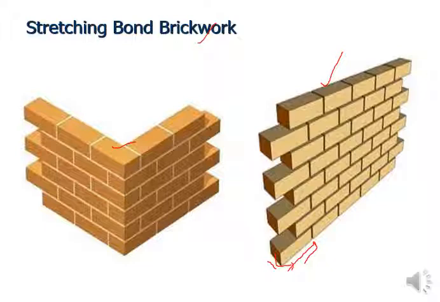That dimension of the brick, 9 inch, should be placed in such a way that it is on the front side of the wall, and in the lateral direction the header should come. Okay, so the stretching bond can be laid for the thickness of the wall 4.5. The minimum is 4.5. Then 9 inch also can be laid, 9 inch thick wall, and so on.